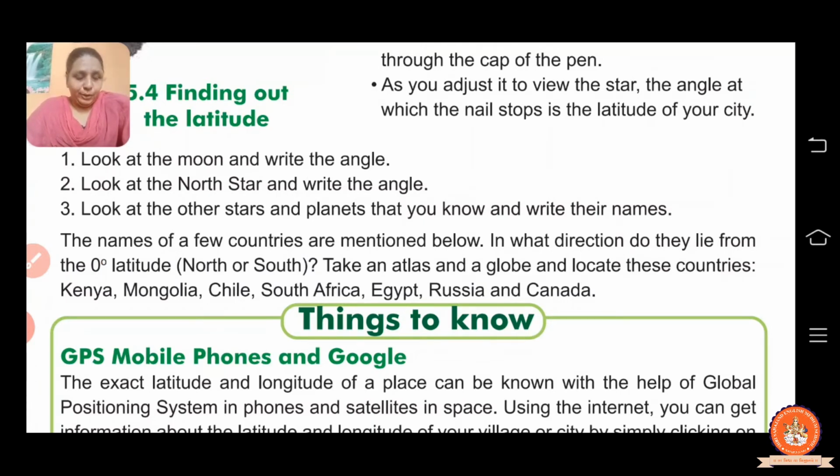South Africa is also south. Egypt is on the north side. Russia is on the north side and Canada is also on the north side.